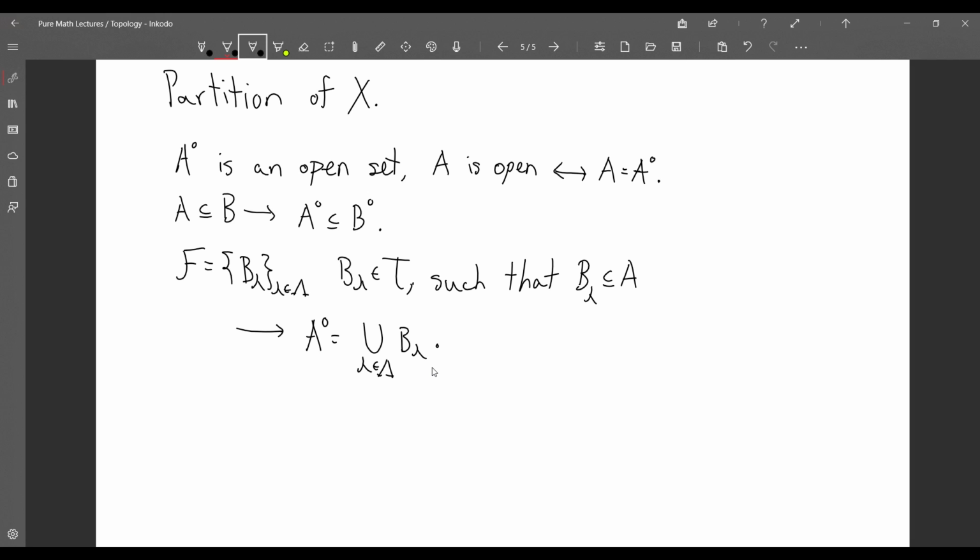Once you prove that the interior of A is open, another thing you can do is characterize it. Well, really this just goes for any open set.